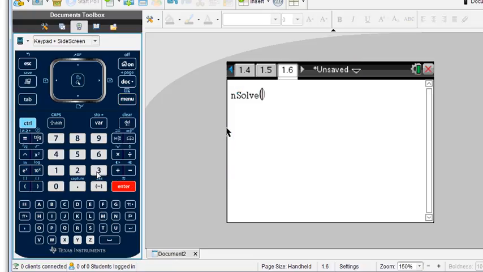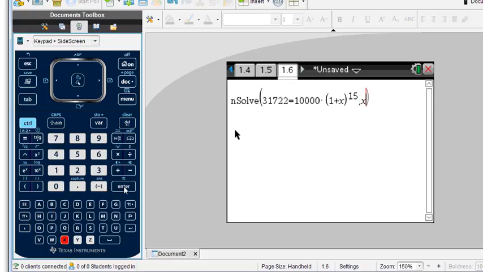I'm going to put 31,722 is equal to, we take our equal sign here, 10,000 times, sometimes we have to use a multiplication sign, 1 plus R, which we're going to call X, to the power of 15, since we're interested in 15 years. And then we're going to put comma X.